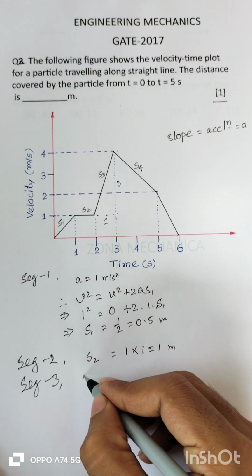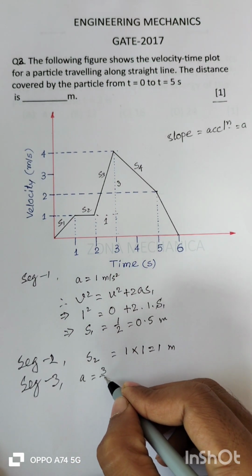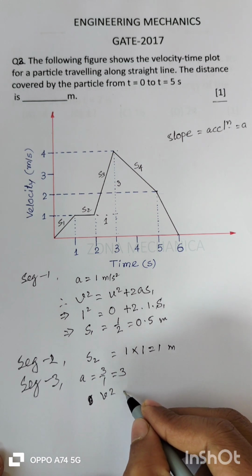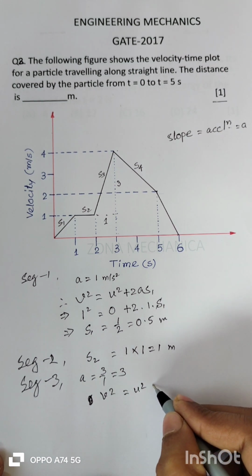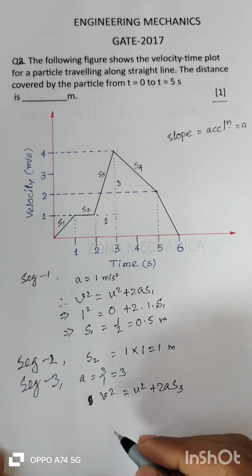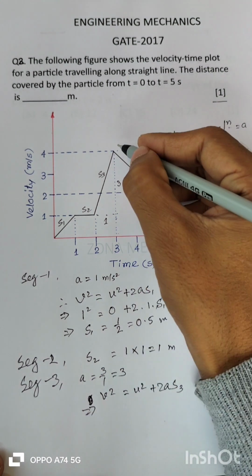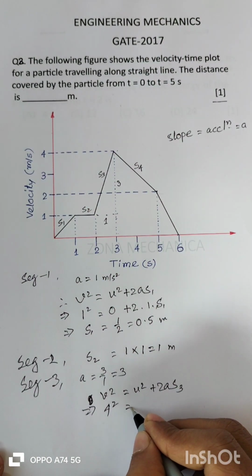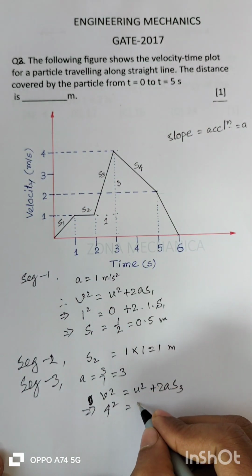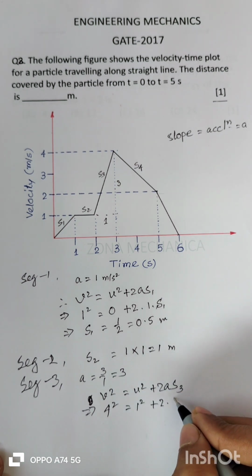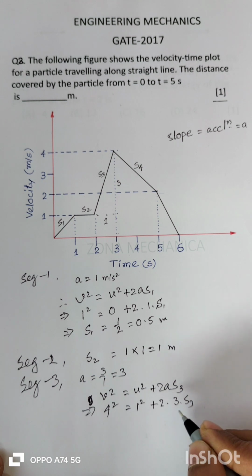So the acceleration is 3 by 1, that is 3. v square is equal to u square plus 2as, this is s3. v is the final velocity, that is 4, so 4 square. u is the initial velocity, that is 1 square, plus 2 into a, which is 3, into s3.